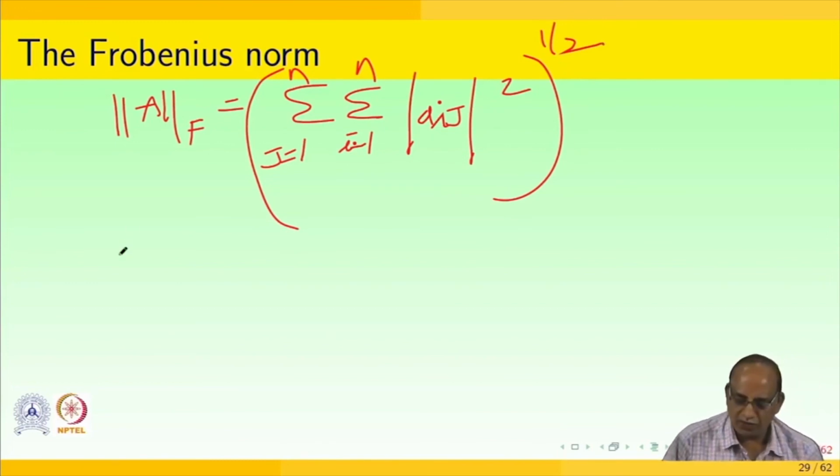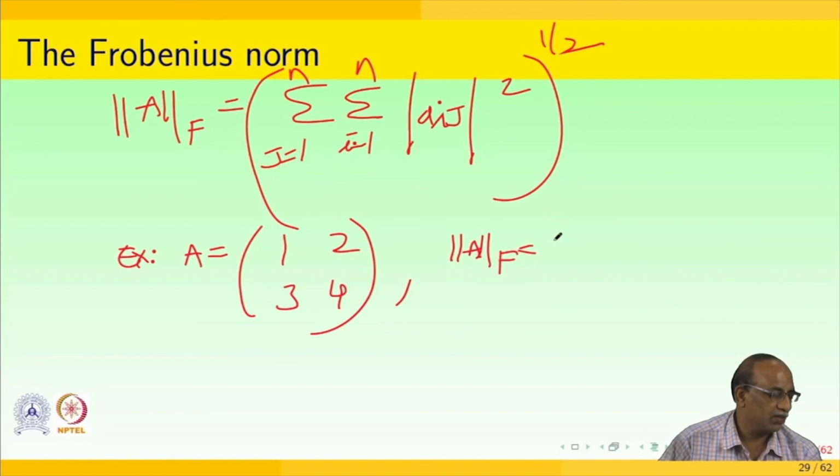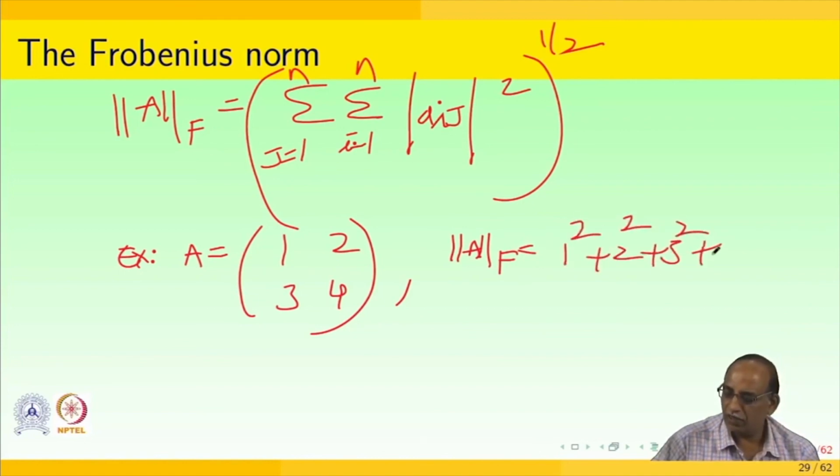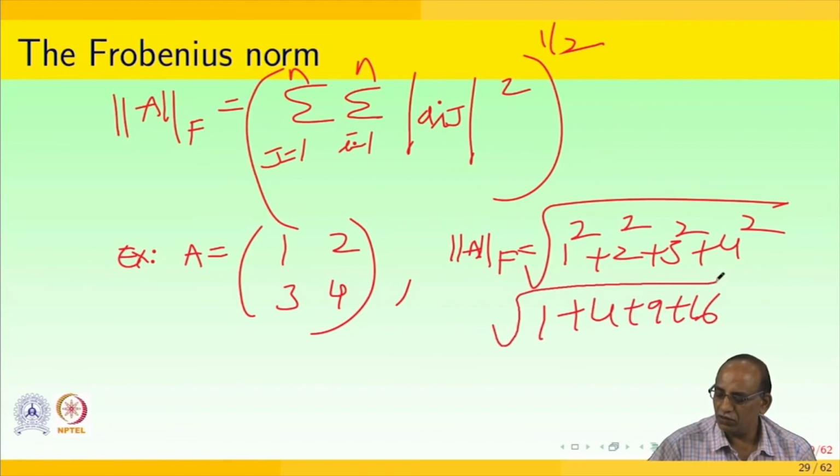For example, if A is equal to 1, 2, 3, 4, then the Frobenius norm is 1 squared, 2 squared, 3 squared, 4 squared under the square root. So 1 plus 4 plus 9 plus 16, which is equal to the square root of 30. That is called the Frobenius norm.